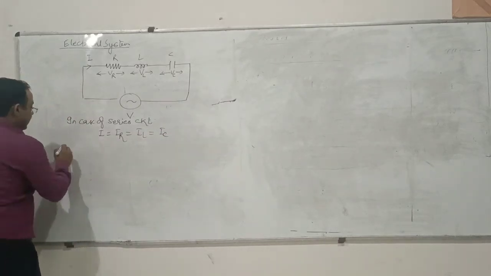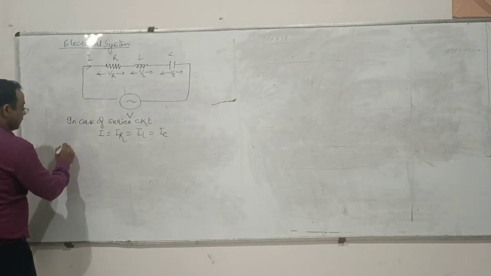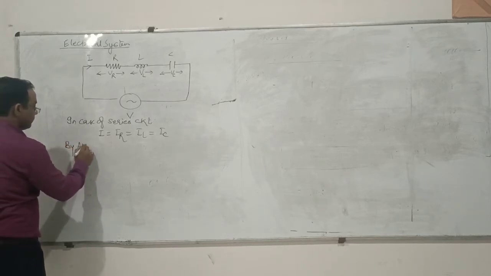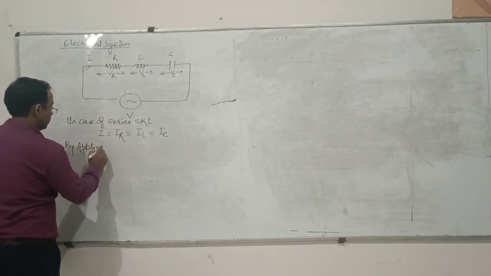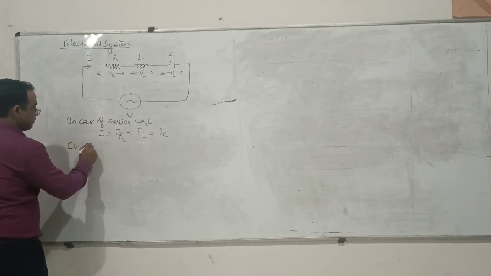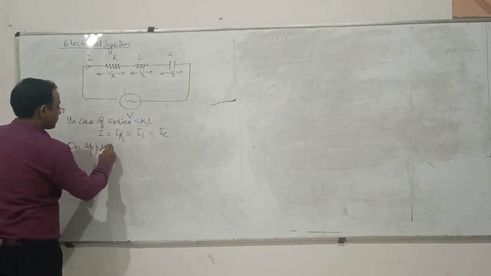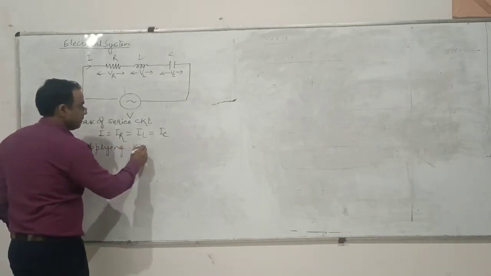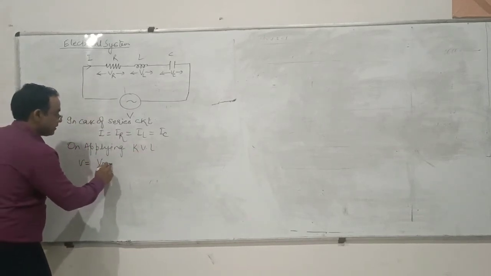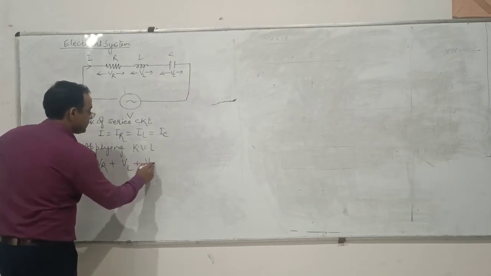Now we can apply KVL in the circuit. So V equals VR plus VL plus VC.